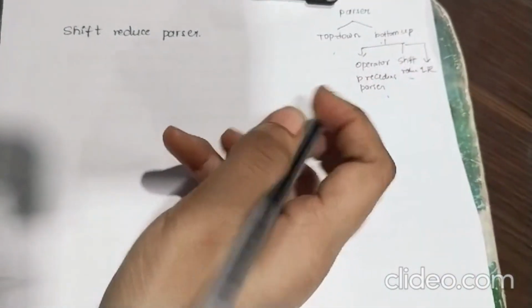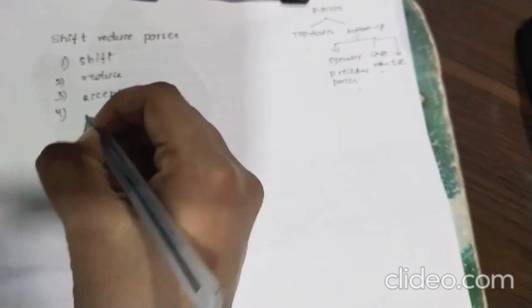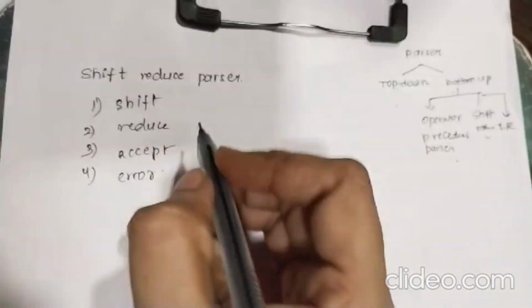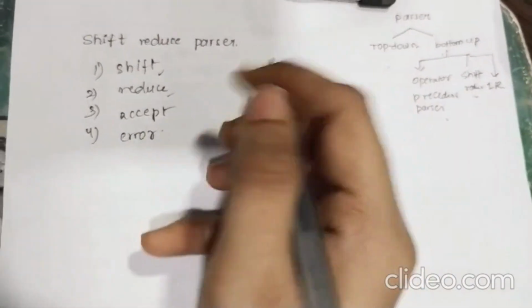Okay. So in this Shift-Reduce Parser, we have four actions. One is shift, one is reduce, one is accept, the other one is error. So what is shift and what is reduce?